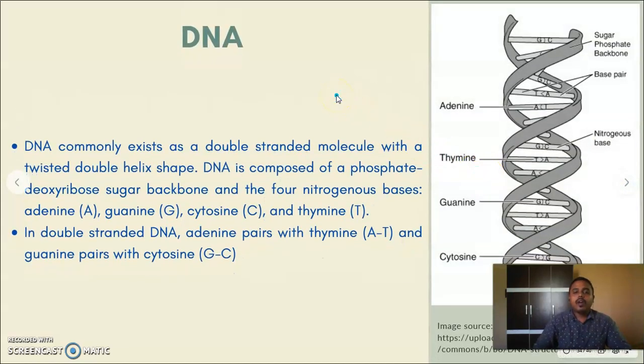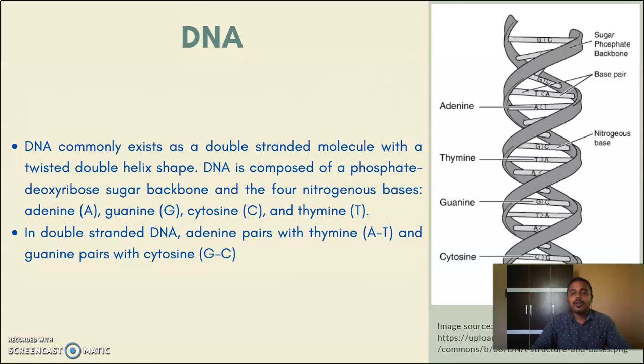So DNA commonly exists as a double-stranded molecule, as I said before, with a twisted double helix shape. DNA is composed of a phosphate deoxyribose sugar backbone and four nitrogenous bases: adenine A, guanine G, cytosine C, and thymine T. In double-stranded DNA, adenine pairs with thymine and guanine pairs with cytosine.